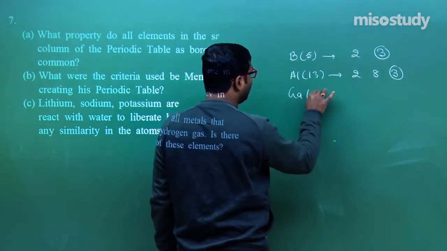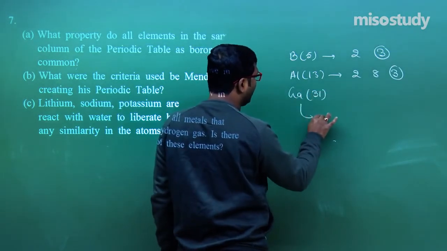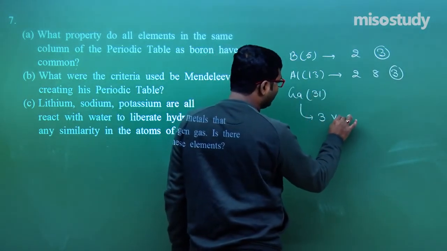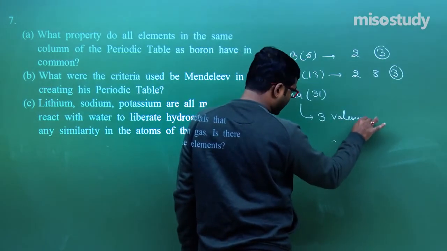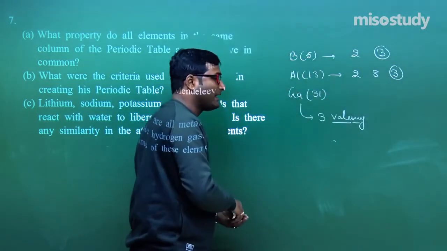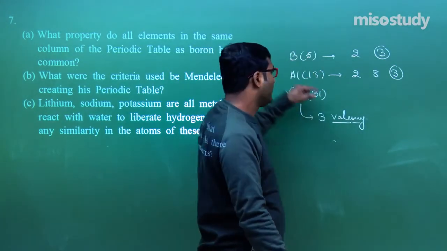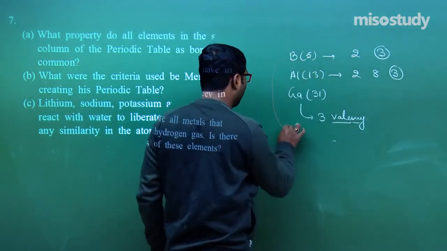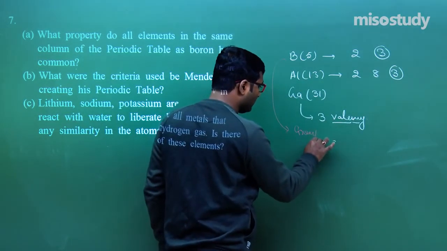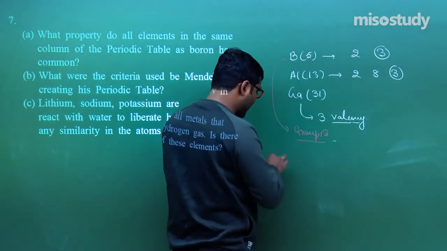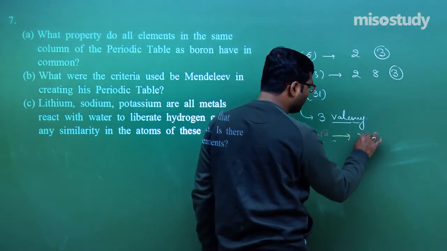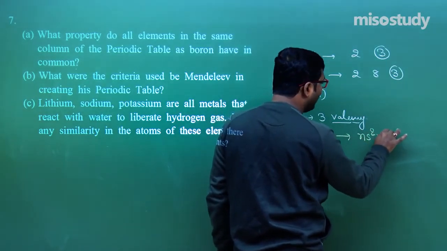Similarly gallium, 2, 8, 18, 3, will also have valency 3. That is, in this group they all have the same valency or similar outermost electronic configuration. These belong to group 13. Clear to you? They will have a similar common outermost electronic configuration, ns2 np1.